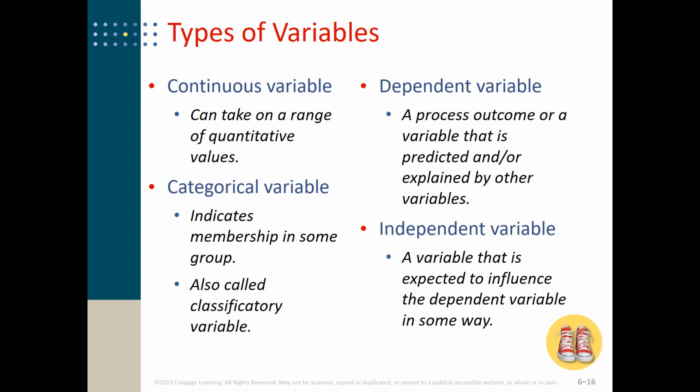So employee satisfaction is a dependent variable and salary is an independent variable. Employee satisfaction is the dependent variable because it depends on salary, and salary is the independent variable because it influences employee satisfaction. Customer satisfaction depends on the price of the product. So customer satisfaction is a dependent variable and price is an independent variable.